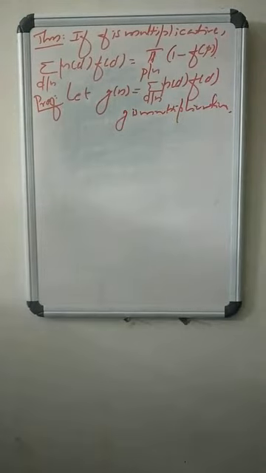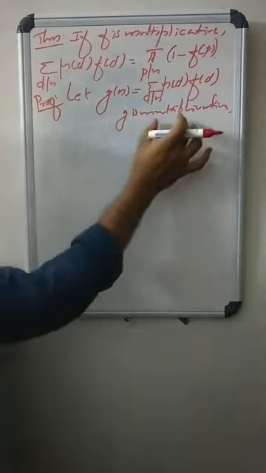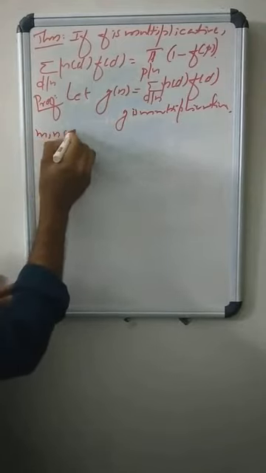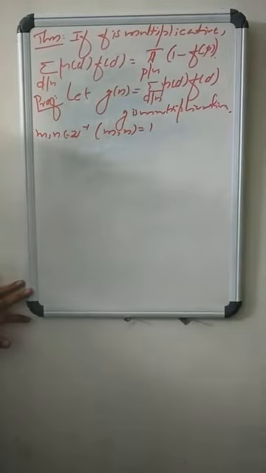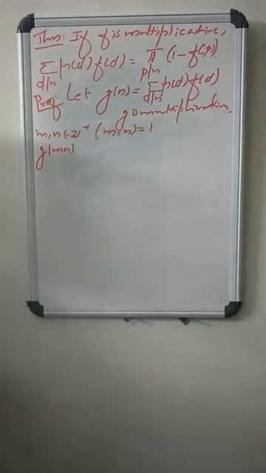When you define g of n equals the sum over d dividing n of mu of d f of d, to prove g is multiplicative, let m and n be positive integers that are relatively prime. Then we have to show that g of mn equals g of m into g of n. What is g of mn?